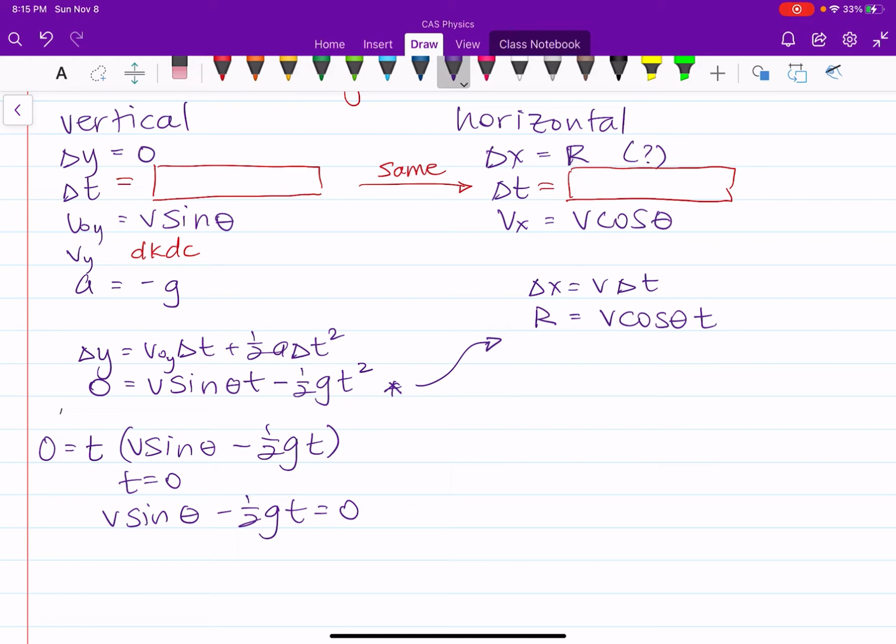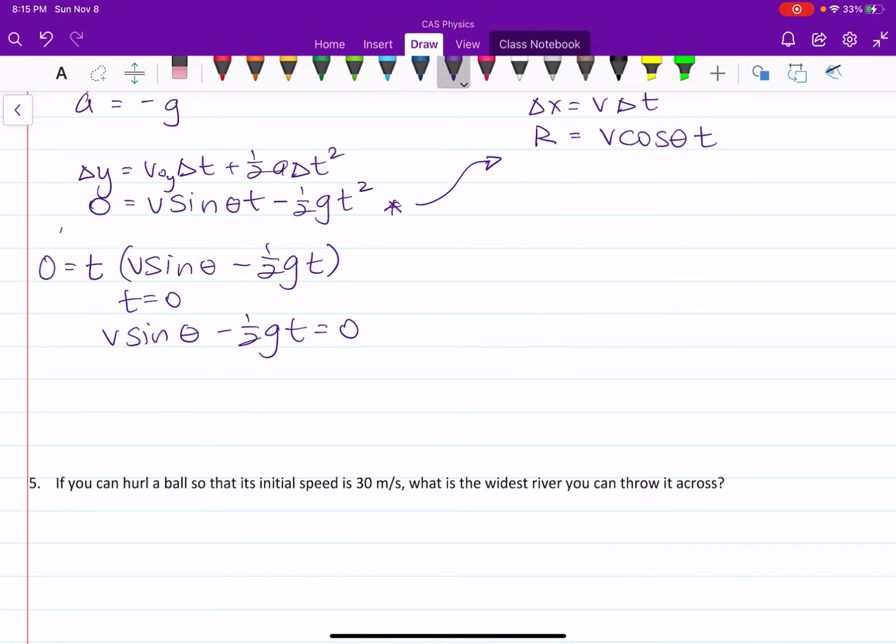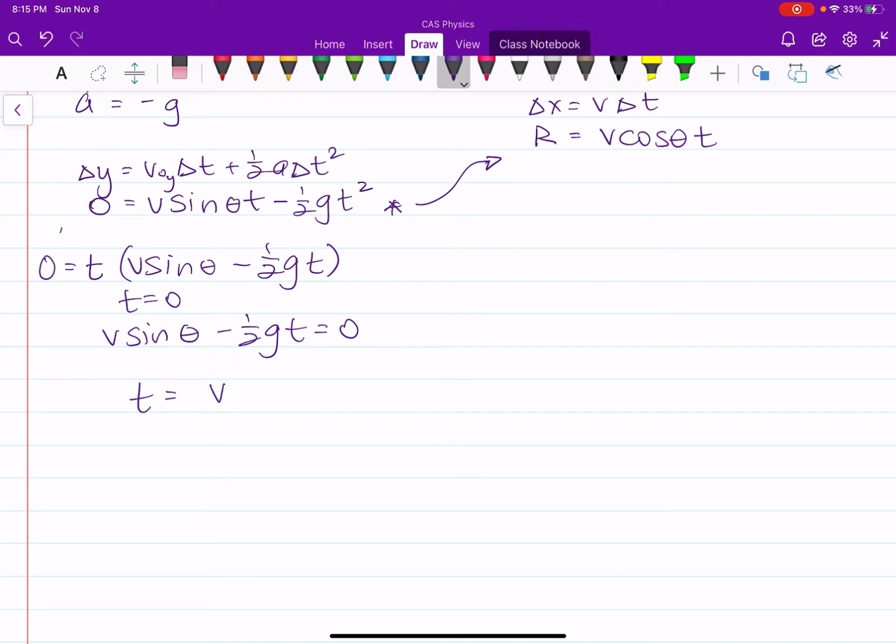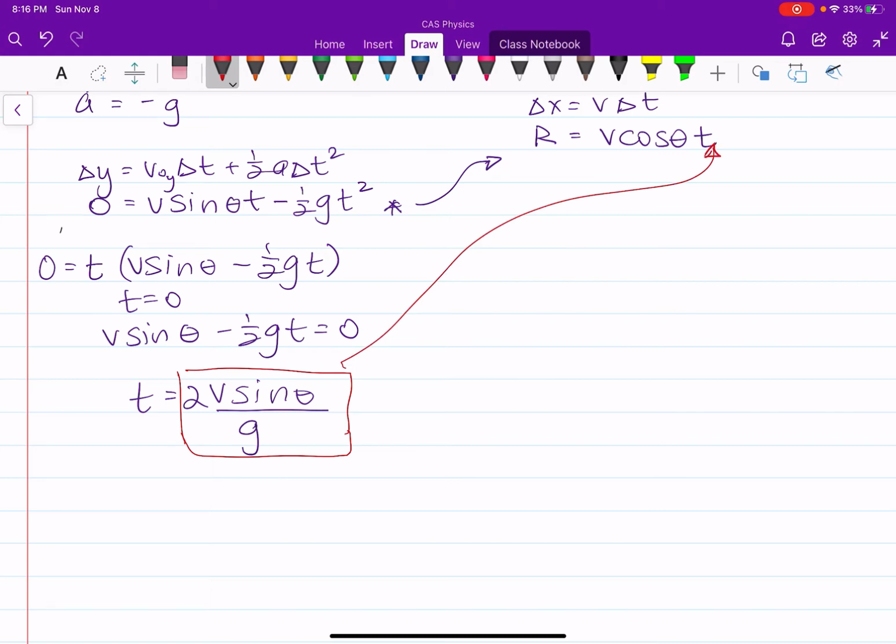So rearranging this equation, it's kind of a bear, but let's rearrange it and solve for t. t equals v sine theta divided by 1/2 g, which makes this 2, and we'll put the g on the denominator. So that is what t equals. And so we're going to take this expression and plug it in to there, right? And replace t with that.